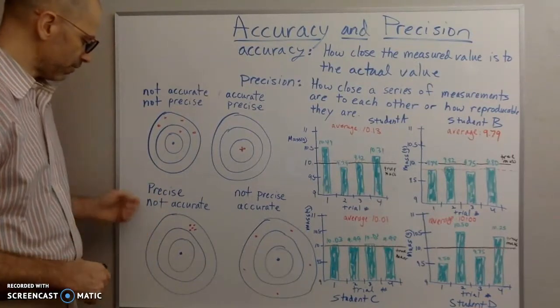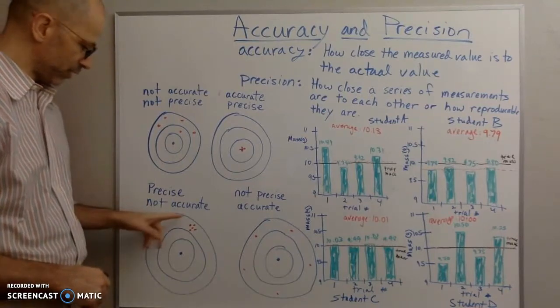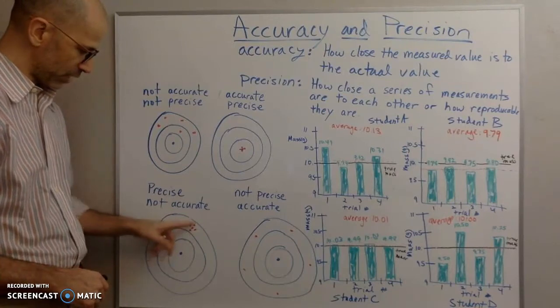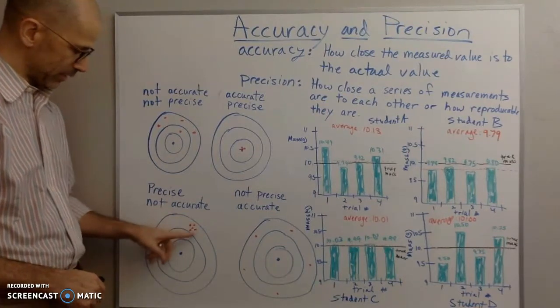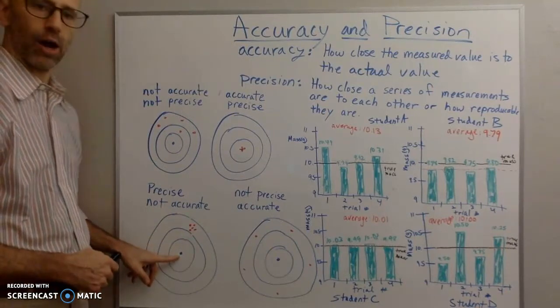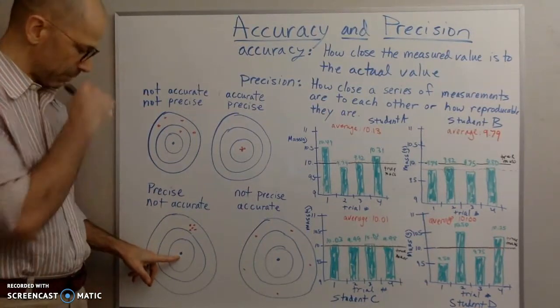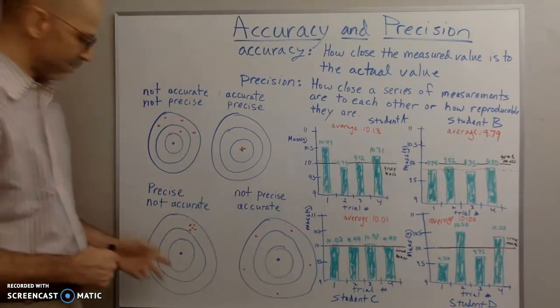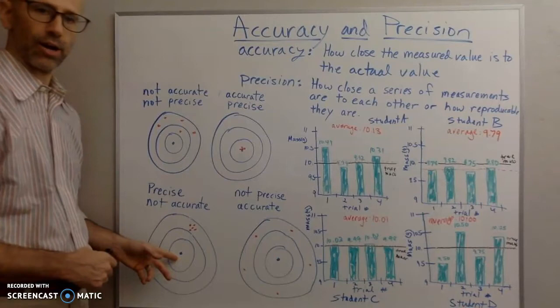In this one we have precision but not accuracy. So here we have a cluster of shots. So you have your very close packed shooting, very precise, but it's all far from the bullseye. So this would indicate probably that there's some sort of error in your device.